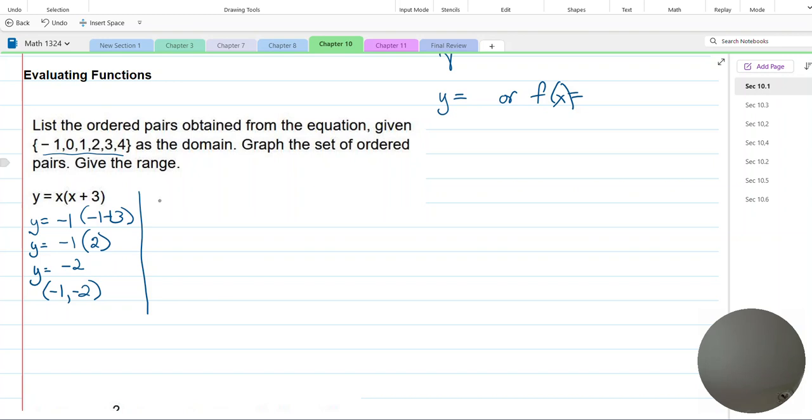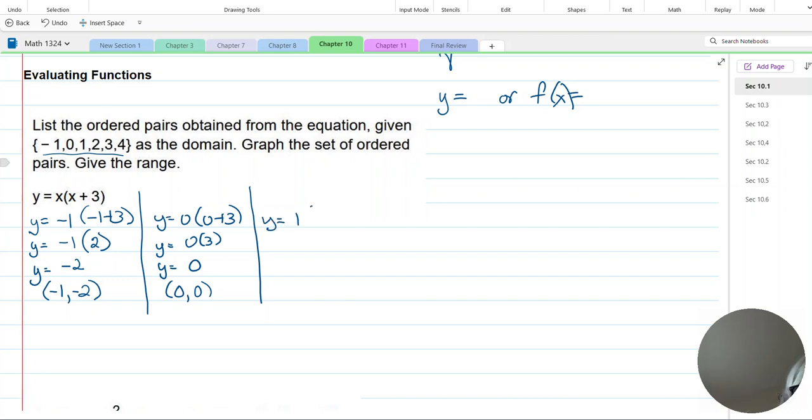All right, that takes care of that number. Now I'm going to do 0. Y equals 0(0 + 3). Well, this is 0 times 3, which is 0. So this is (0, 0). It goes to the origin. Now we're going to do the third one, which is a 1.